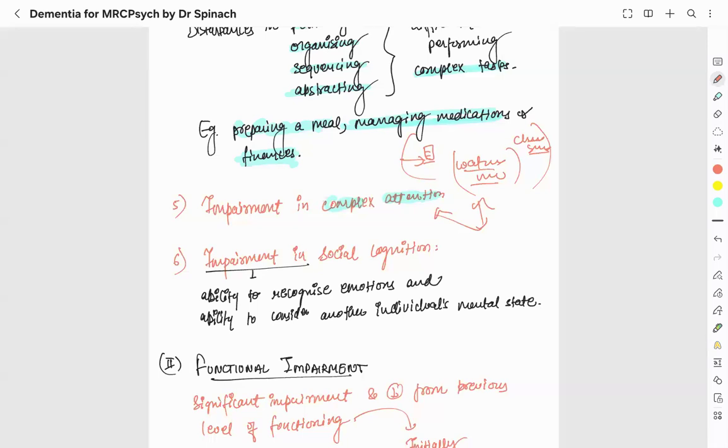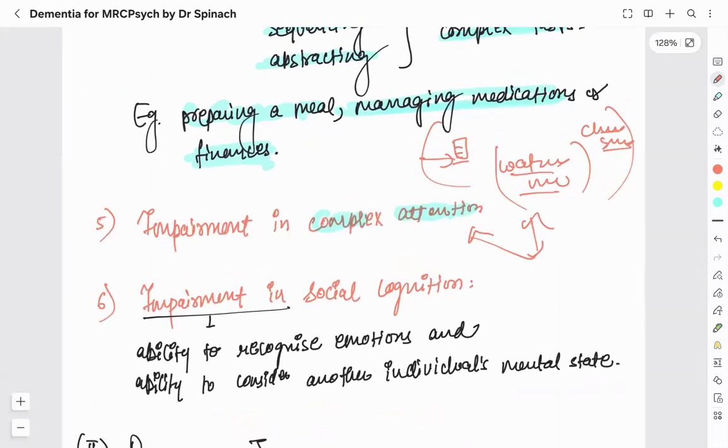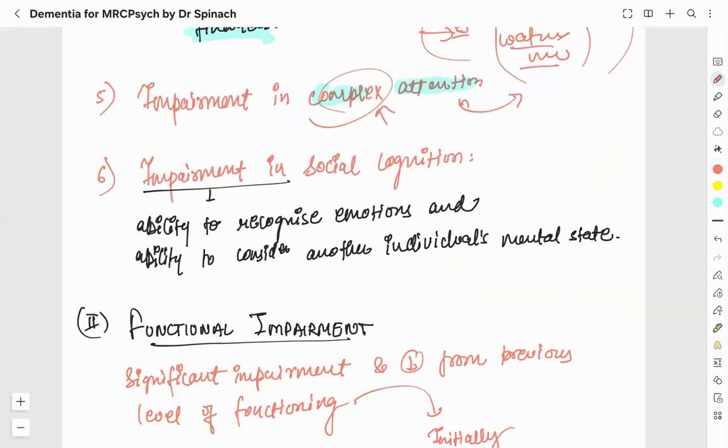They will be able to focus only on a single task at a time, so complex attention would not be there. You're right. Okay, then impairment in social cognition: the ability to recognize emotions and the ability to consider another individual's mental state.